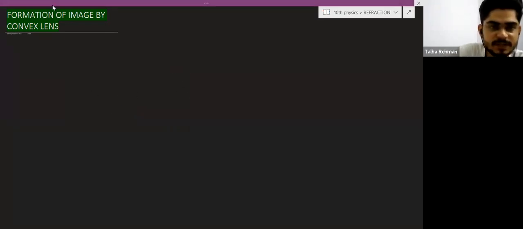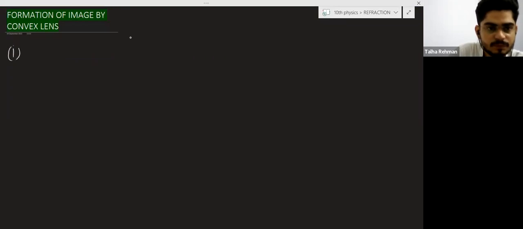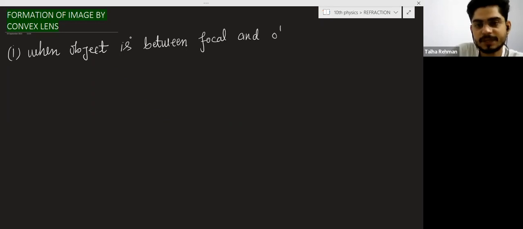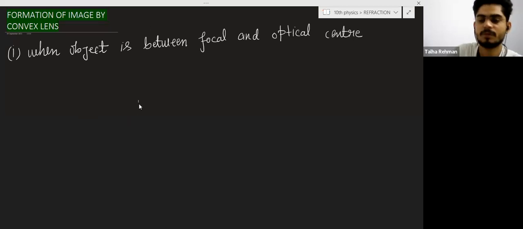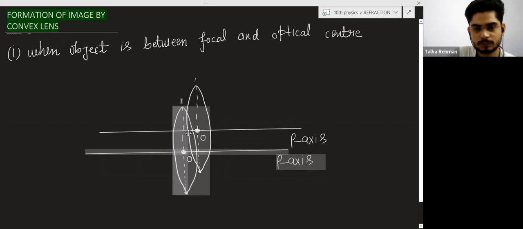So the first case is when the object is between the focus and the optical center, not the pole.